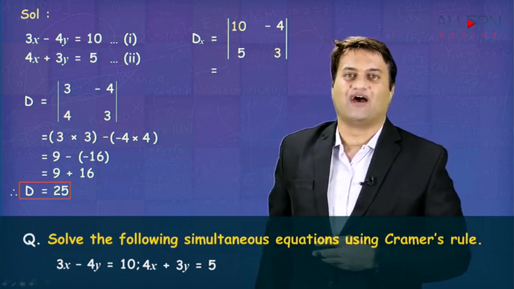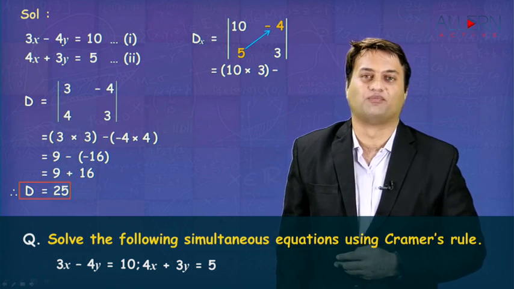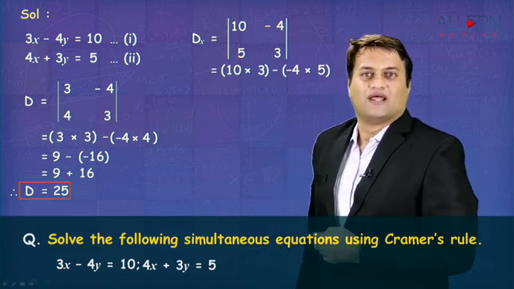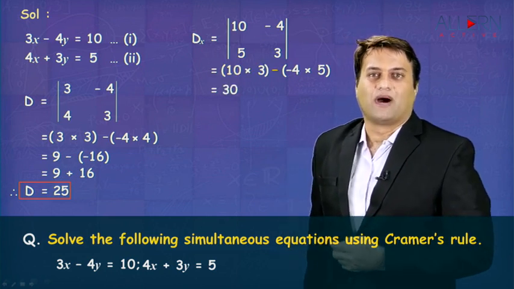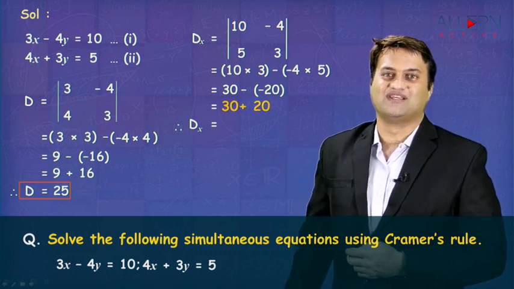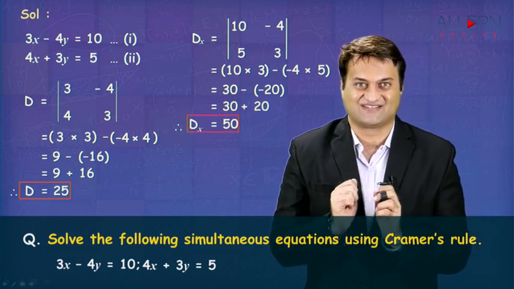So, let us find the value of dx, that is 10 into 3 in the first bracket, minus of minus 4 into 5 in the second bracket, right. Let us calculate: 10 3s are 30, minus of minus 20, that is 30 plus 20, which is equal to 50. So, that is your second determinant, which is dx.